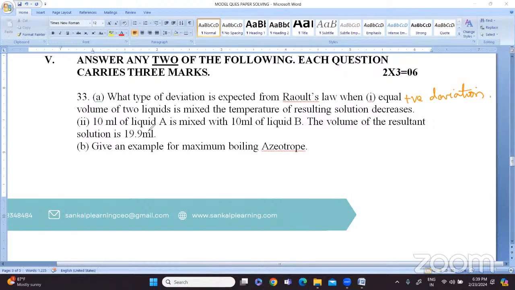And 10 ml of liquid A is mixed with 10 ml of liquid B. The volume of the resultant solution is 19.9 ml. So what is happening here to the resultant?